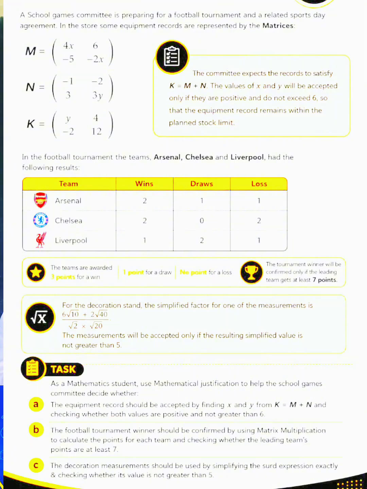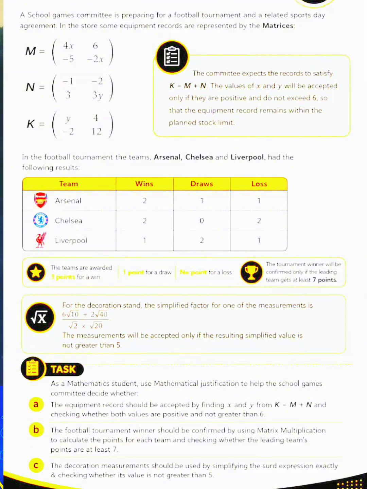K is y, -2, 4, 12. The committee expects the records to satisfy K is equal to M plus N. The values of x and y will be accepted only if they are positive and do not exceed 6, so that the equipment record remains within the planned stock limit.